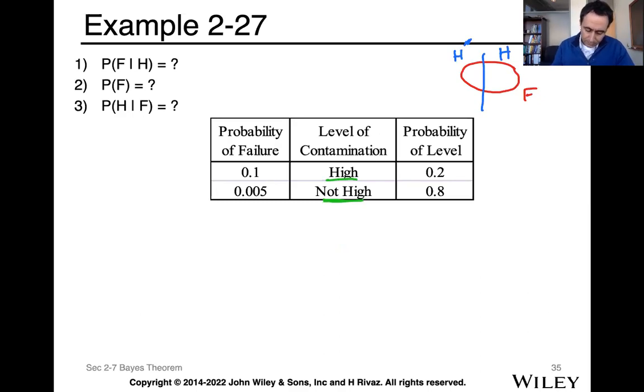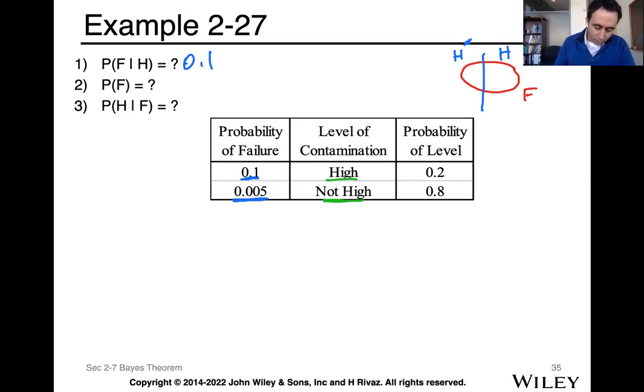So from this table, probability of failure given high contamination is provided, that is 0.1. Probability of failure is not provided. We don't know what's probability of failure. All we know is probability of failure given H, which is 0.1, and probability of failure given H prime, which is 0.05, right?